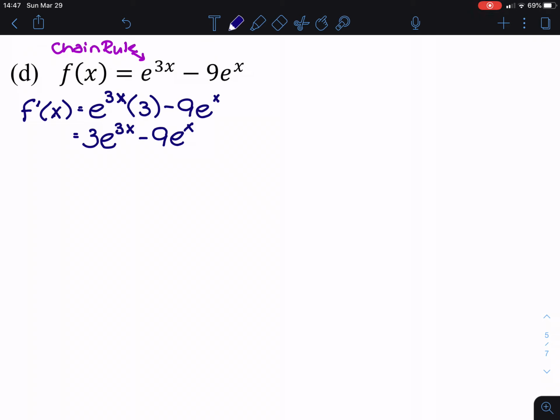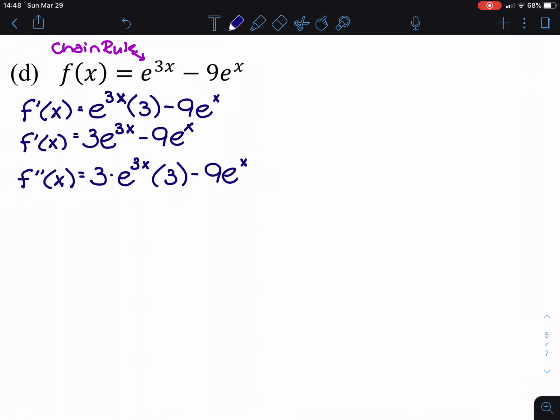All right, now I can't do anything to simplify that, other than factoring out a 3, but I'm not even going to worry about that. So I'm just going to take the second derivative. Again, this is going to be a chain rule, so I'm going to take 3 times the derivative of my outside, e to the 3x, times the derivative of the inside, the derivative of 3x is 3, minus, and again, this is just going to stay 9e to the x.